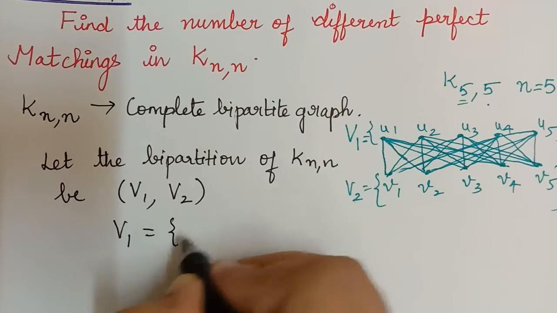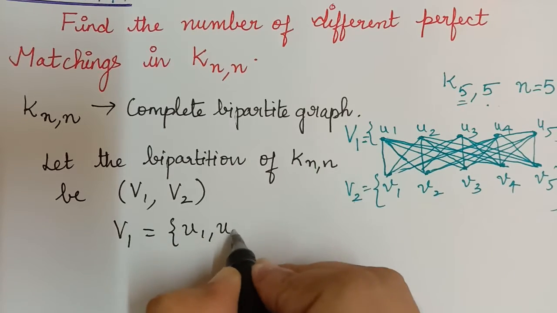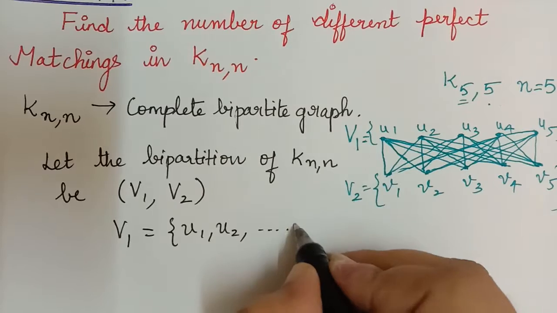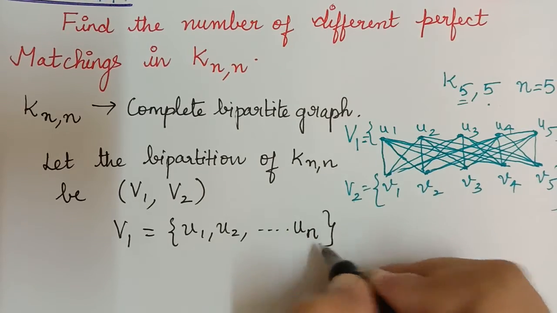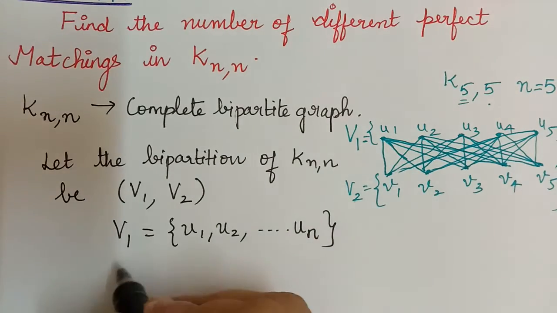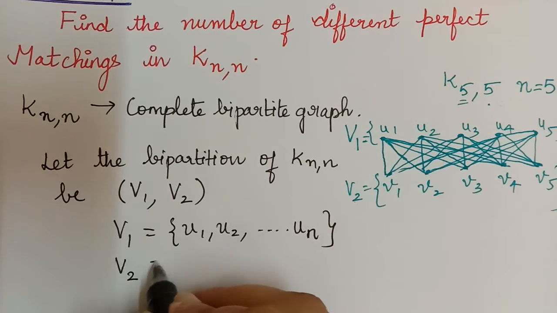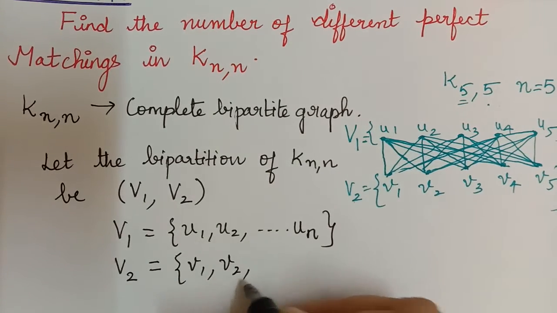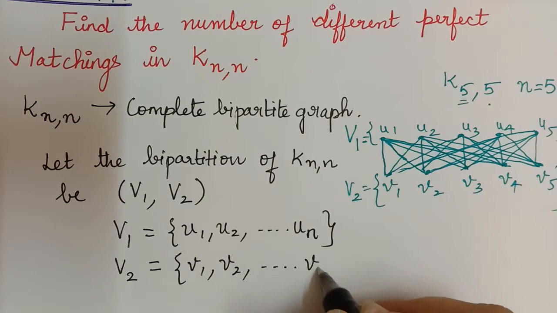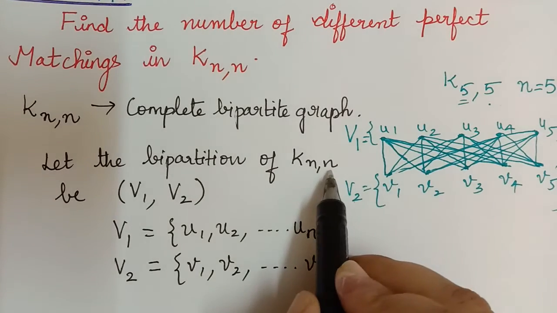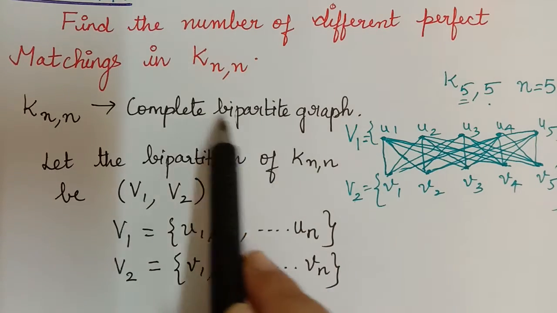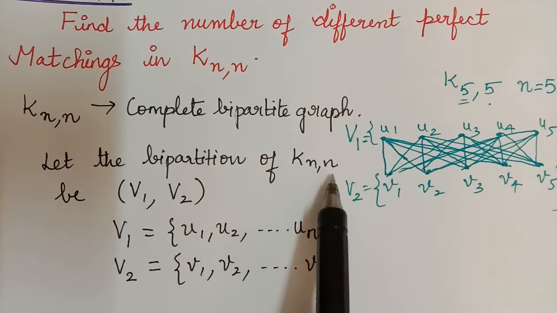Let its elements be u1, u2, and so on, because we have n vertices, up to un. And let the other partite set be V2, which is equal to v1, v2, up to vn, because the other one also has n vertices. So these are the two partite sets of the complete bipartite graph K(n,n).